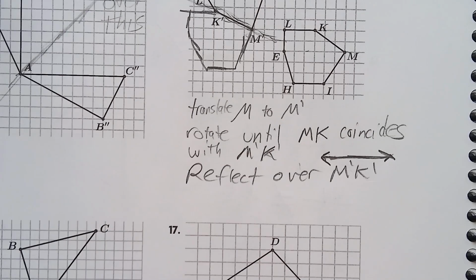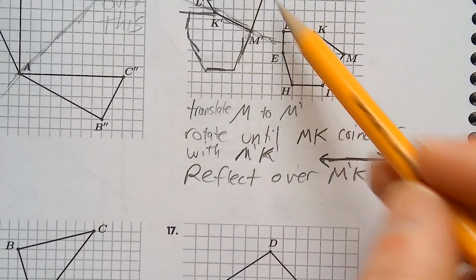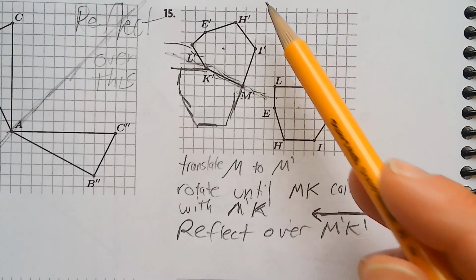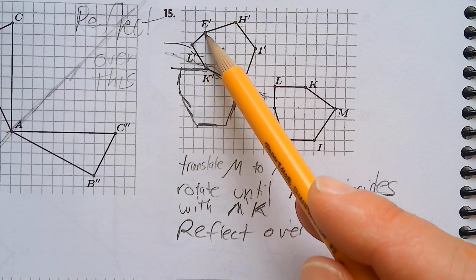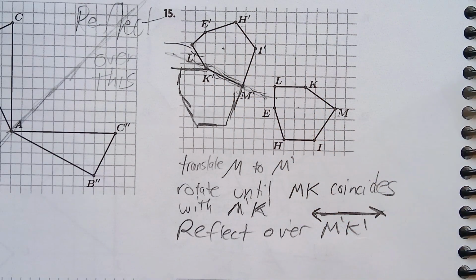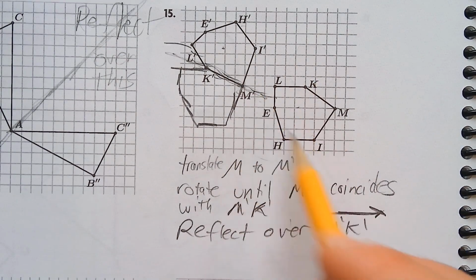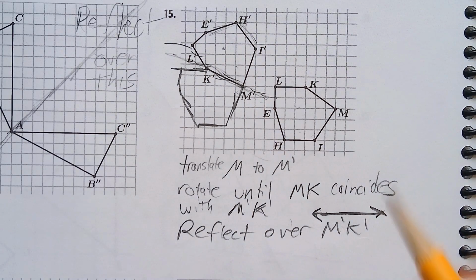And let's say you took E to E prime, and then rotated until E H prime is on E H, and then reflected over it. I mean, you could have taken any point to any point, then lined up with either of the two lines next to that point, and then reflected over them, and it would work every time.